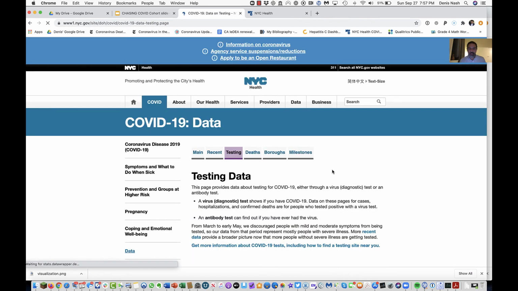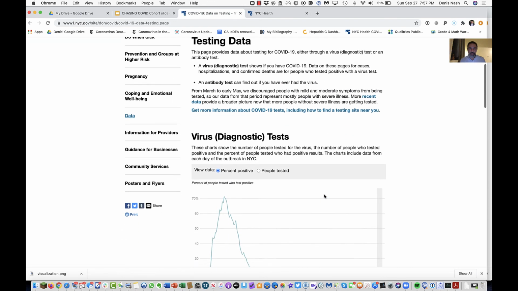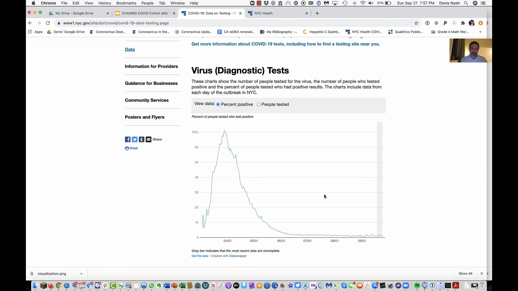The testing page is also quite interesting. It shows the different kinds of tests and the percent positive. So back in the spring, 70% of people were testing positive among those who were tested. And that's because the test was really being limited, and only people who had symptoms or who met certain criteria of symptoms were being tested.